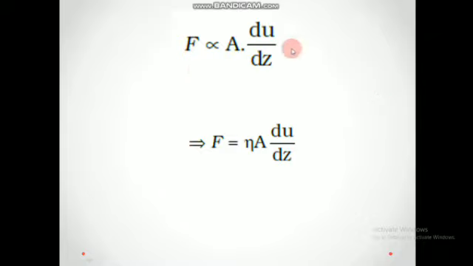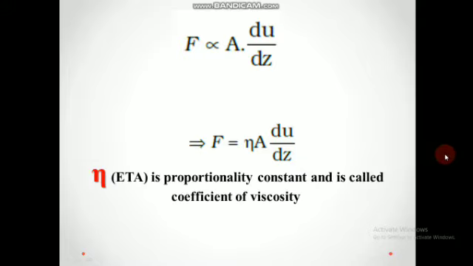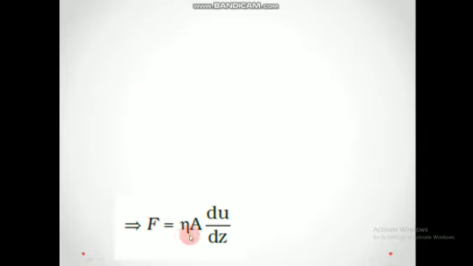And if we take this equation and remove the proportionality sign, it becomes F is equal to a constant, which is known as eta, times A du by dz. So F is equal to eta A du by dz. This is the equation for viscosity, where eta is the proportionality constant and is also called the coefficient of viscosity. And how can we find the value of eta?